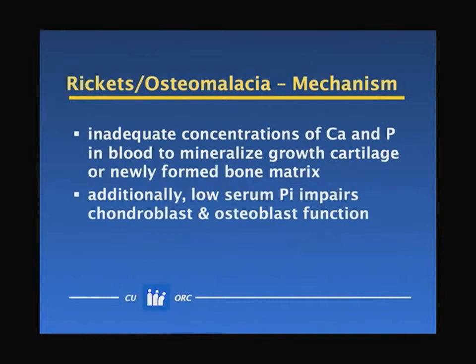And furthermore, in the process of the body trying to do something about this, it mistakenly lowers the serum phosphorus level, and that impairs the function of the cells that are responsible for building bone. It's not just that there isn't mineral, but the cells that are responsible for doing it are themselves impaired because they are sick from not having enough phosphorus available to them.